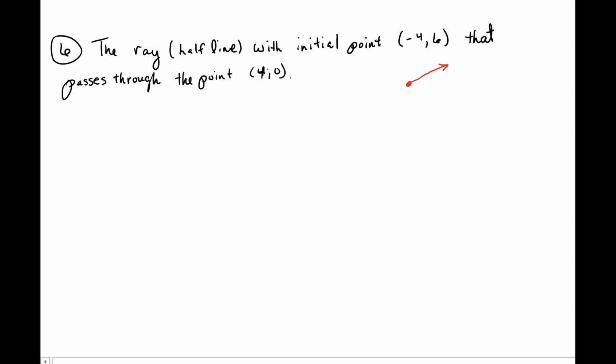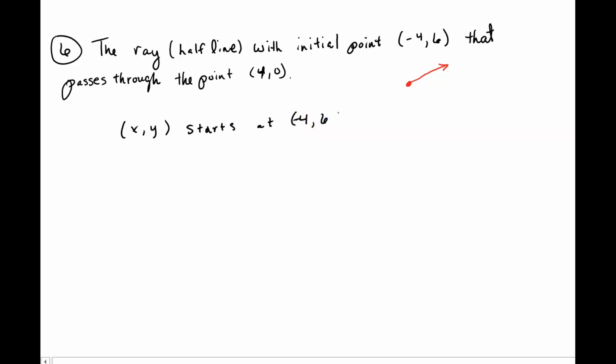So let's see here. We're going to assume that x and y are linear functions of t, and that the initial point xy starts at negative 4, 6.